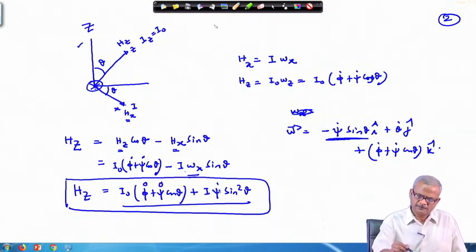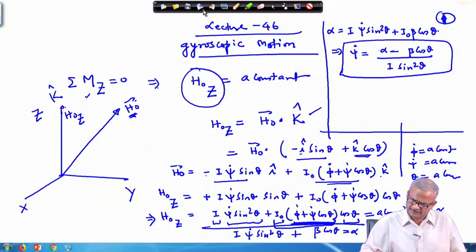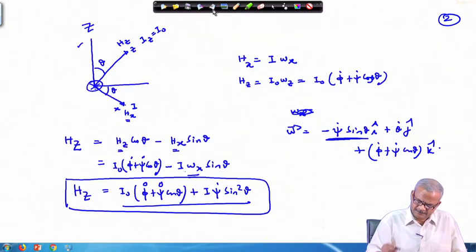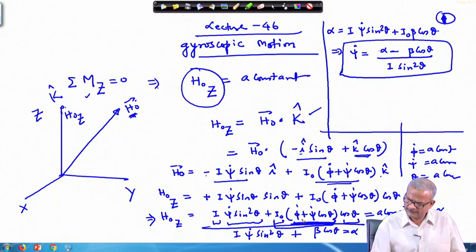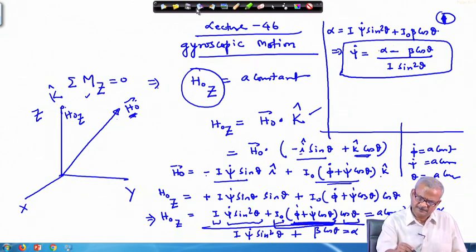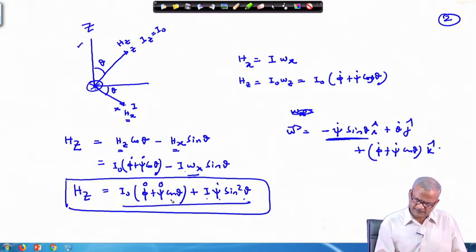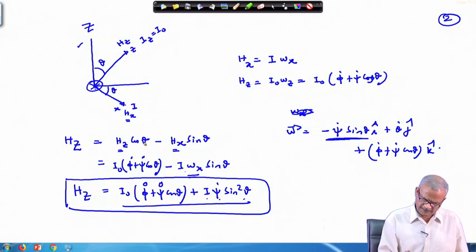Okay. So, go back and match this. I times psi dot sin square theta, the first term, here I times psi dot sin square theta, here it is written as a second term, then I 0 phi dot plus psi dot cos theta times cos theta. So, okay, here this part we are missing out.